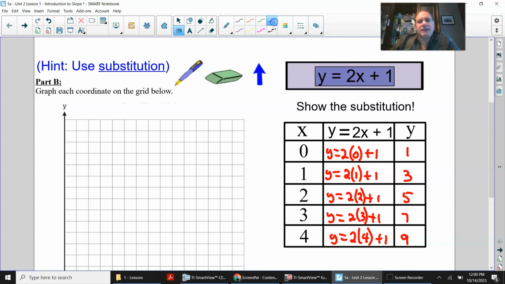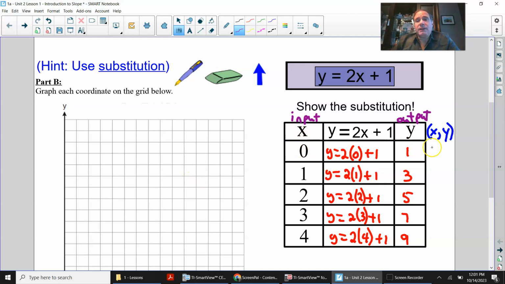So what we're going to add right now is just an x comma y coordinate. We're going to create the coordinates based on our input and output. The x is always the input. That's the number you're substituting into the equation. And the y is the output.